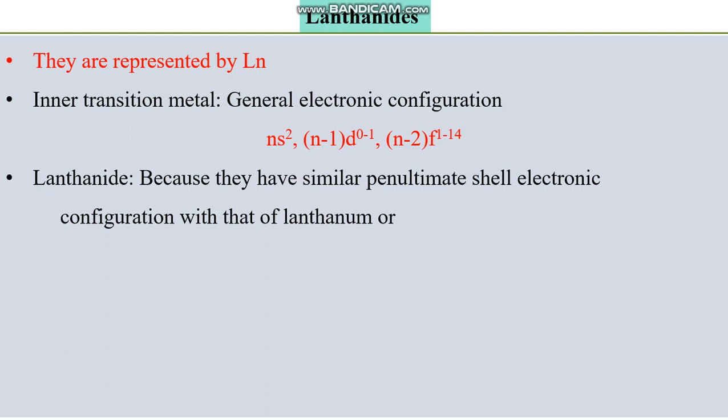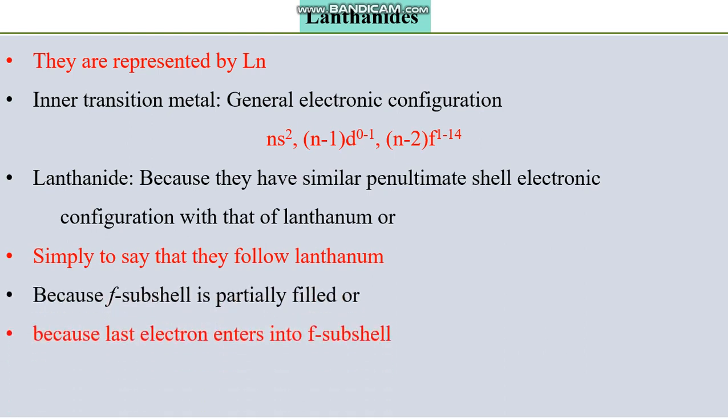In other words, the penultimate shell electronic configuration of lanthanides and lanthanum is similar. Therefore, the series is called the lanthanide series. Simply, we can also say that since the series follows lanthanum, they are called lanthanides.